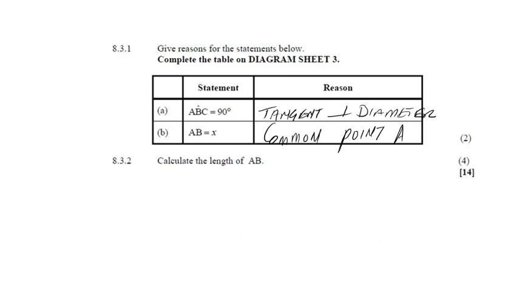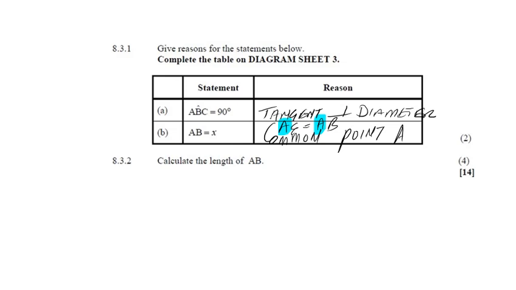Okay. So you can say tangent sharing common point A. You can specify that tangent AE is equal to AB because they are sharing common point A. You see, there's A. They both have A. AE has got A, and then AB has got A. It's common. Sharing common point.